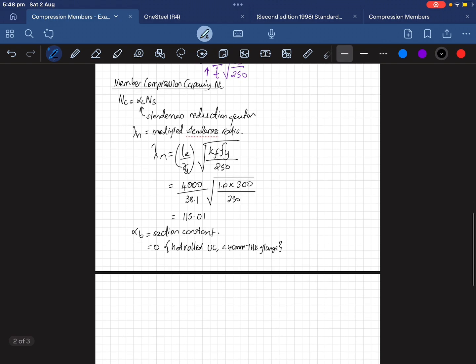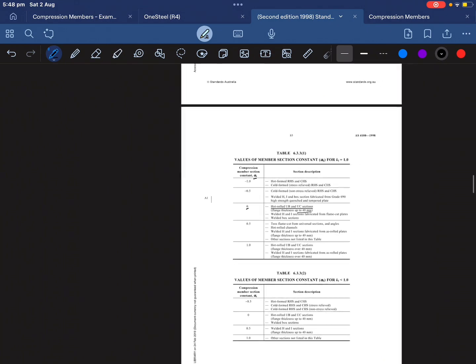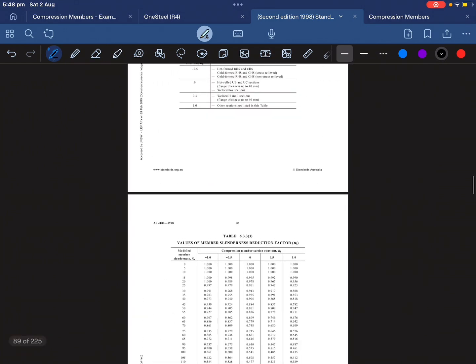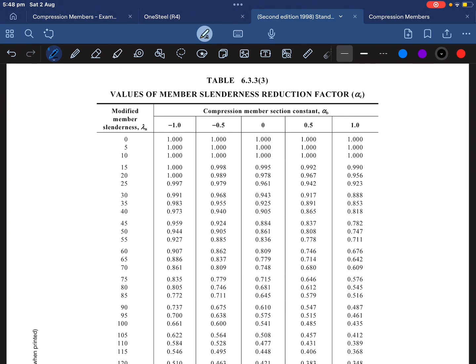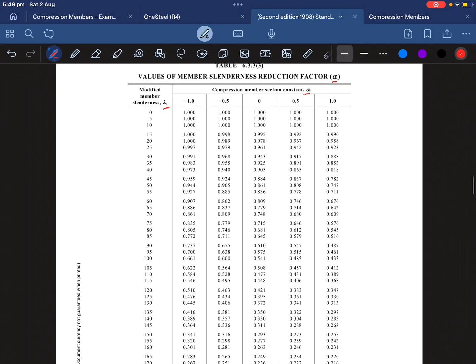Now, alpha C is a function of the slenderness and alpha B, and you can get that here from the code. If I scroll down a little bit more, you can see that the values of member slenderness reduction factor alpha C are dependent on alpha B and lambda n.